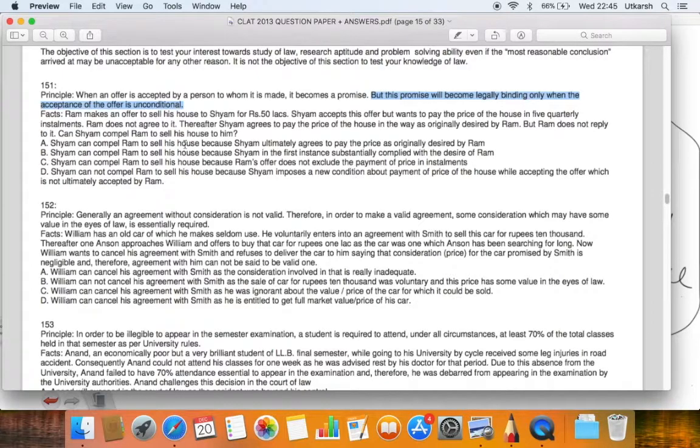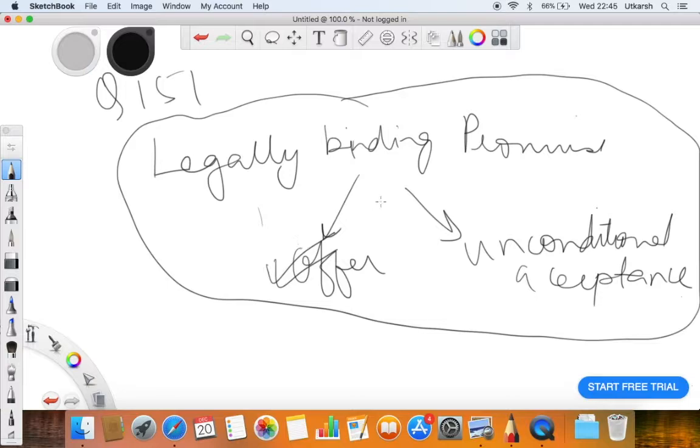So let us look at the facts here. There is an offer and there is an acceptance. The only portion we have to consider is whether the acceptance is conditional or unconditional.